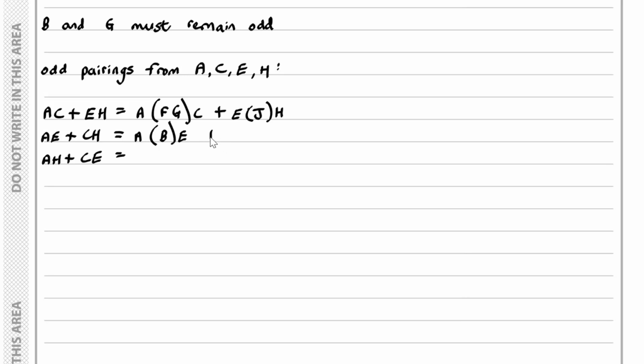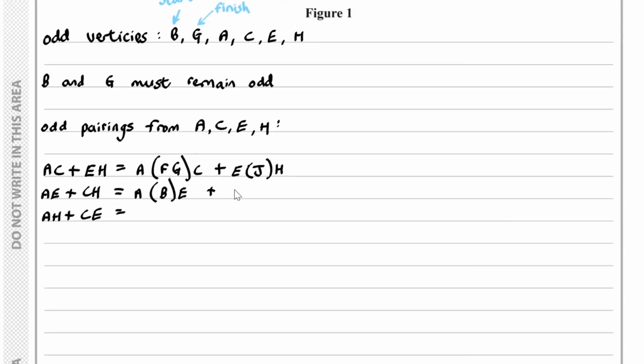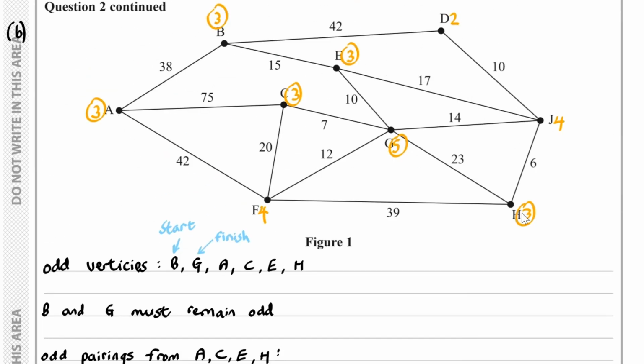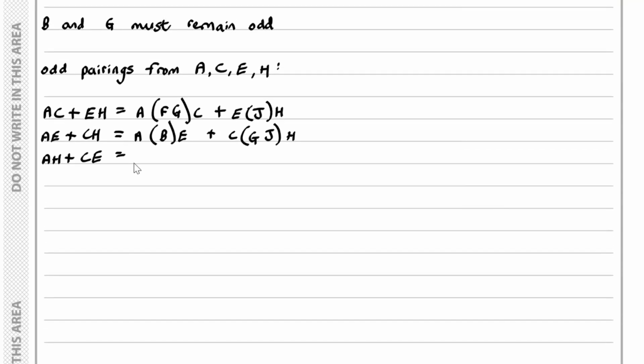And then for CH, starting at C, finishing at H, we can go from C to G, and then from G we can go to J, and then from J we can go to H. So we have C, G, J, H. And A to H, starting at A, finishing at H, we can go from A to F, F to G, G to J, and then J to H. So just be careful of the different routes you can take to go from A to H. The route I just said, which is A, F, G, J, H, that's the shortest way.